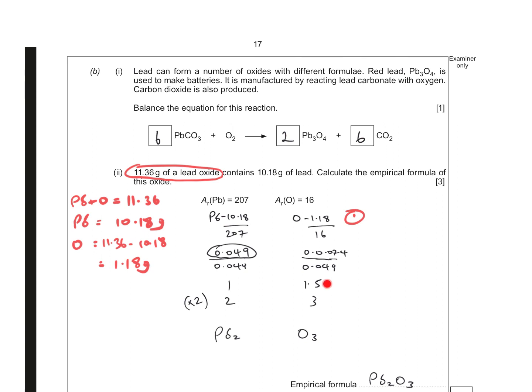I got a whole number there, but this is a half and I can't round up. So what I'm going to do is I'm going to times both columns by 2 to turn them into both whole numbers. So the 1 becomes 2 and the 1.5 becomes 3. And what that tells me is my empirical formula is 2 leads and 3 oxygens. So my answer is Pb2O3.